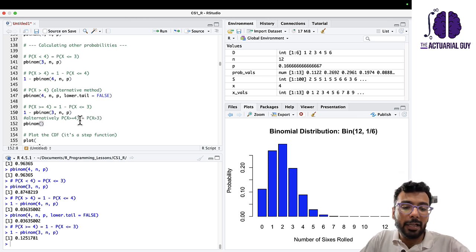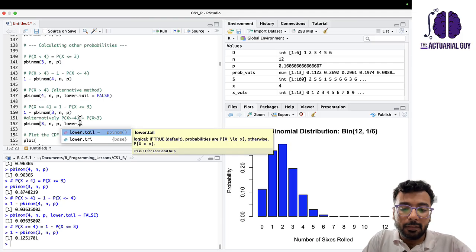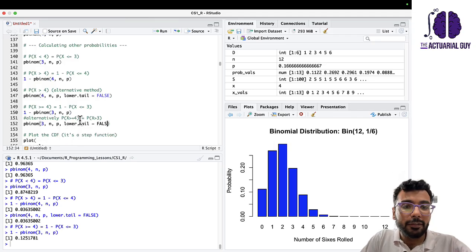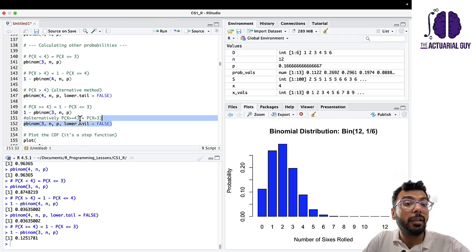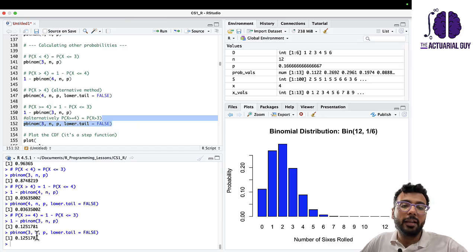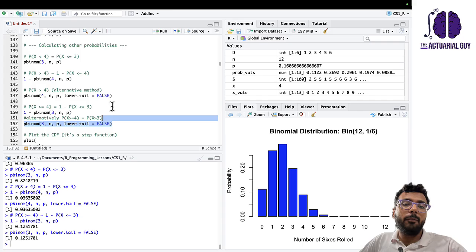So I'll take p binom at 3, I'll put n and p, and now I'll say lower tail equal to false. Why? Because I want the greater than probability. Lower tail equal to false gives you the greater than probability. So this is greater than 3 probability, which is same as greater than equal to 4 probability. Again, you get the same answer. So this is how it works.